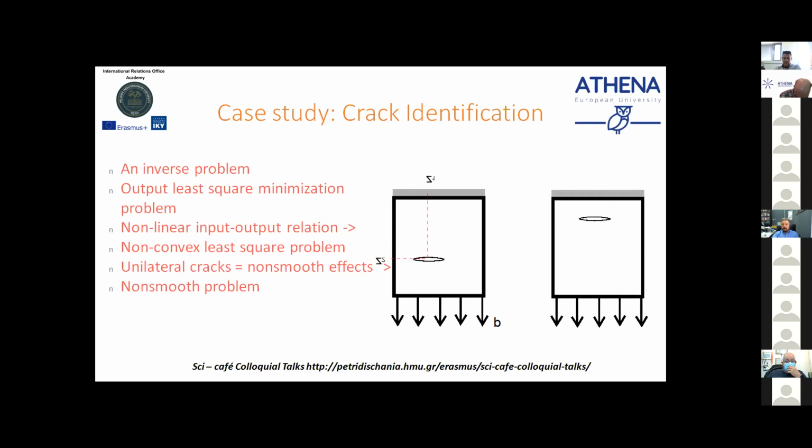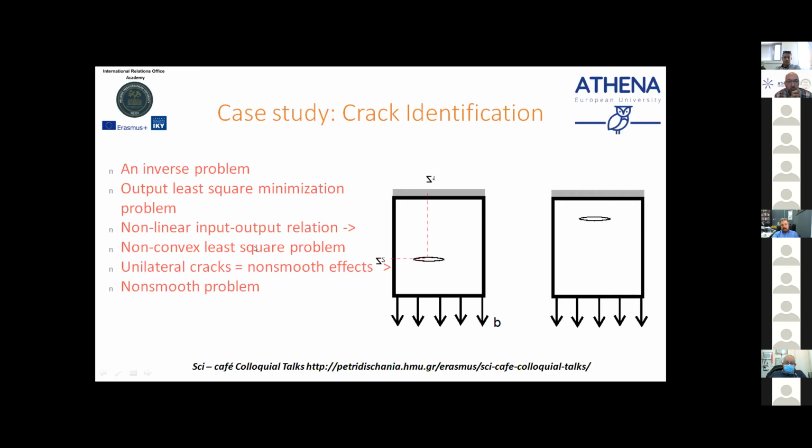It is an ill-posed problem in terms of mathematics, and requires a lot of experience in order to solve it numerically. If you have a crack that closes or an elastoplastic medium, then you may have nonlinear relations between inputs and outputs.